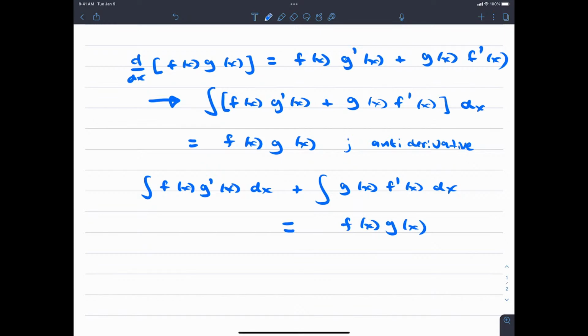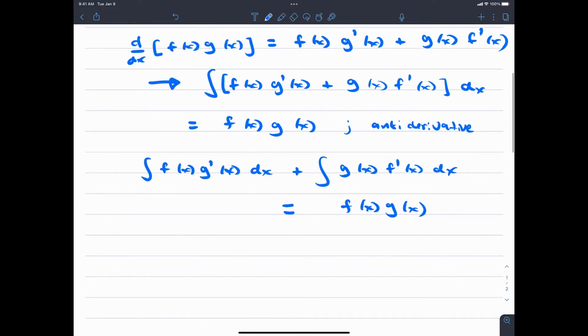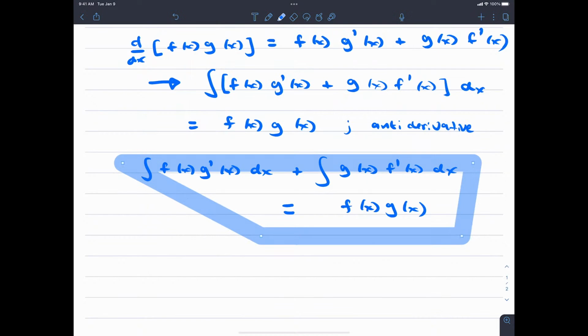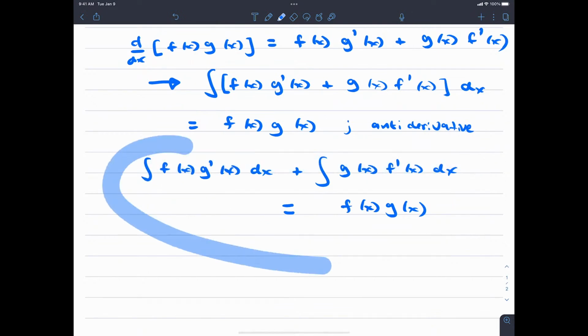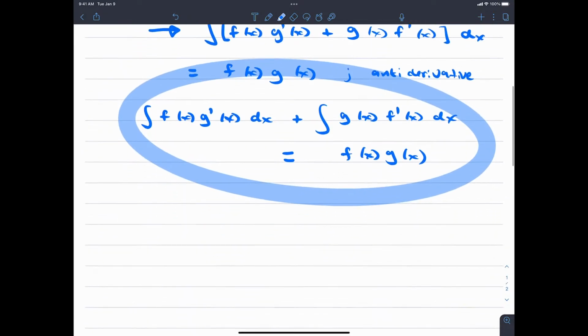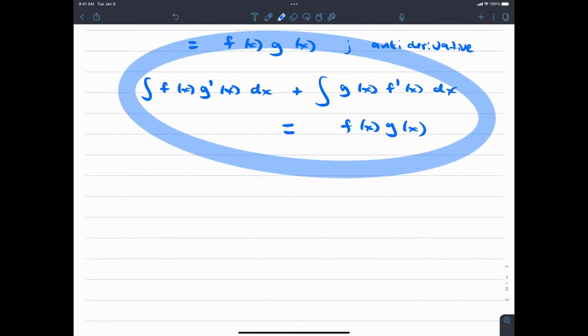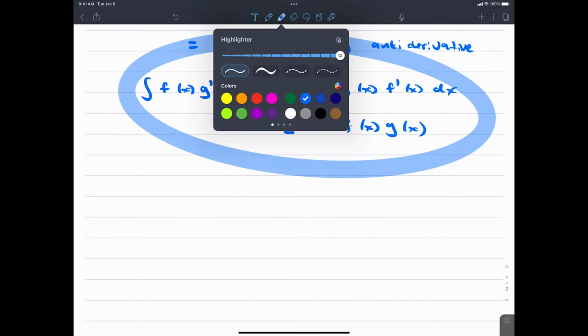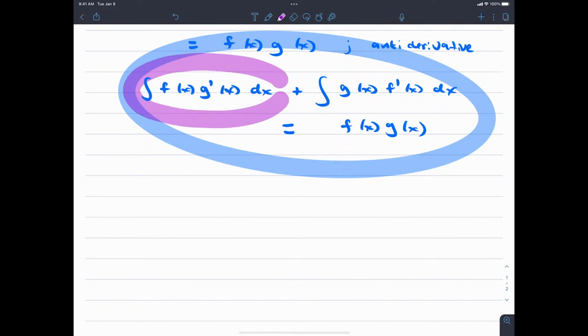Okay, so now here's essentially the equation I'm getting at. I'm going to do a little bit of algebra, and here's what I'm going to solve for. I'm going to solve for the integral here, this side. Let's solve for what you guys see here.